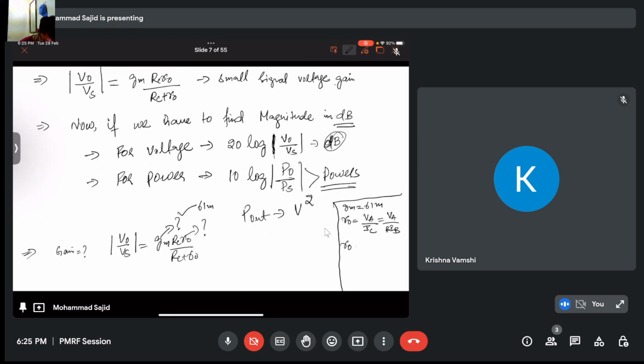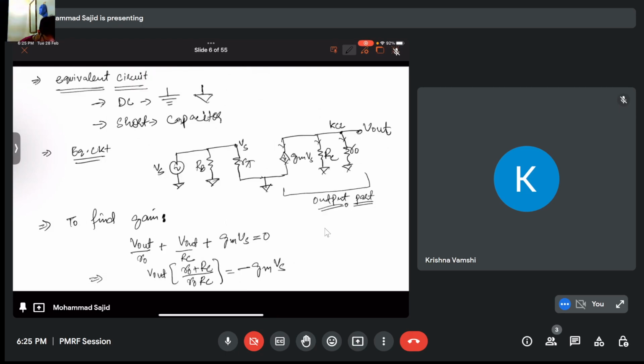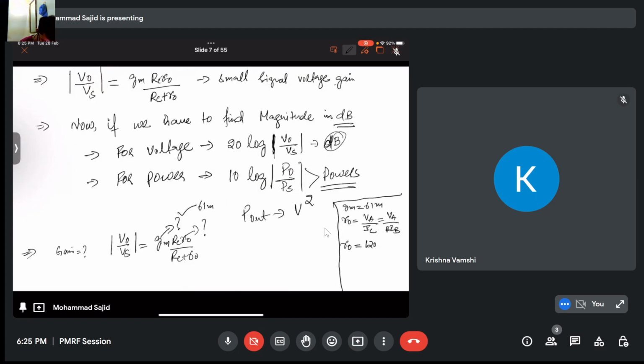So R0 will be equivalent to VA, 120 volt, divided by beta 80 into 20 microampere. Calculated, you will get an R0 of around 75 K.